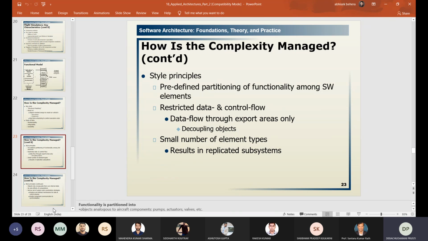It restricts data and control. The data flow through export areas is only by decoupling the objects, means with some additional force. A small number of element types results in replicated subsystems.